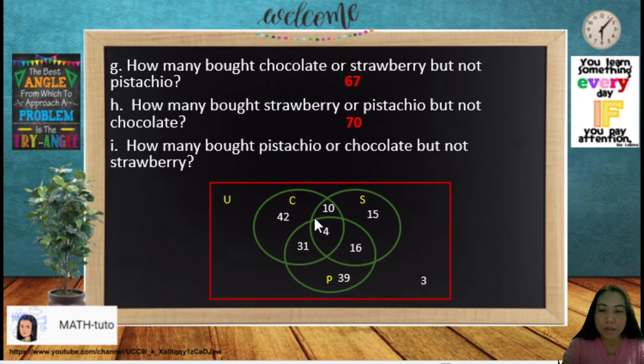Ito naman, pistachio and chocolate but not strawberry. That is 42 plus 31 plus 39, which is 112. That's why it is important for you to read the question, because or and and will mean different things.